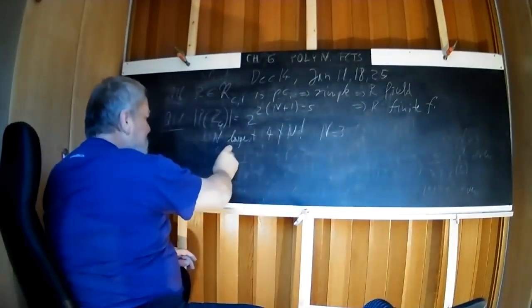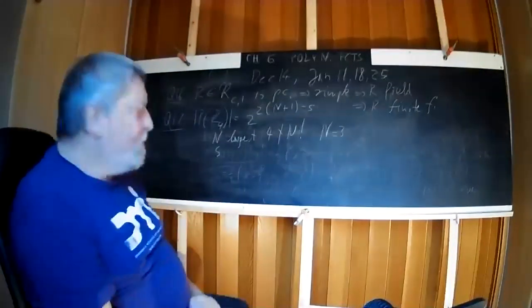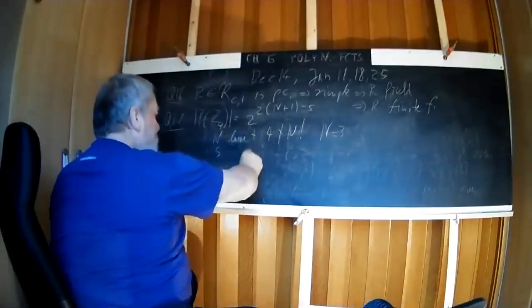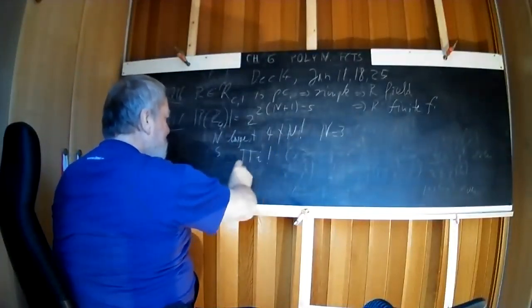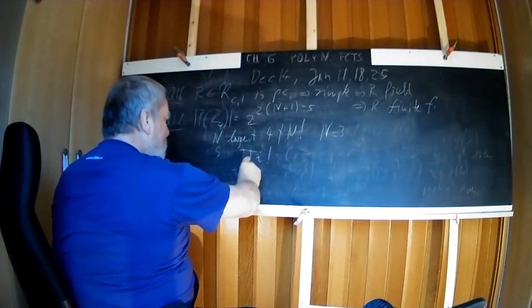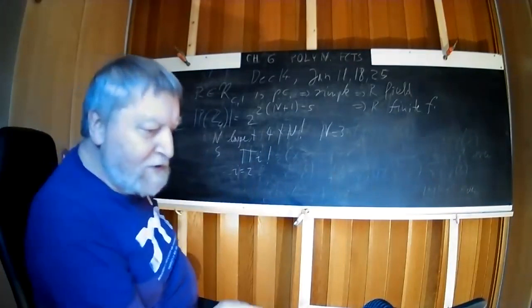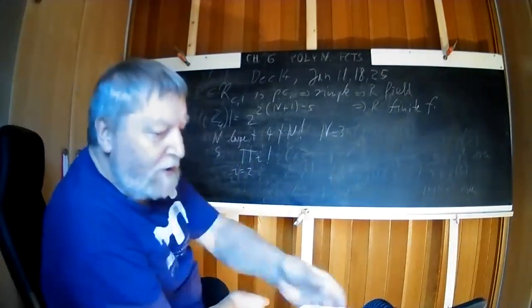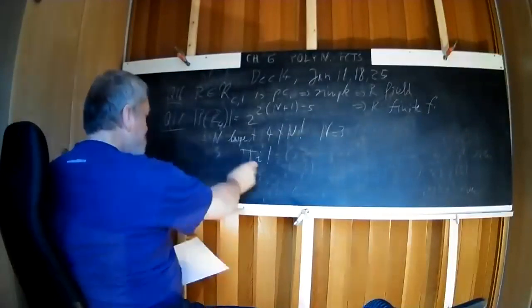And what is s? S is the power of 2 in the product of i factorials, i going from 2 to the order of the group minus 1, so it's from 2 to 3.